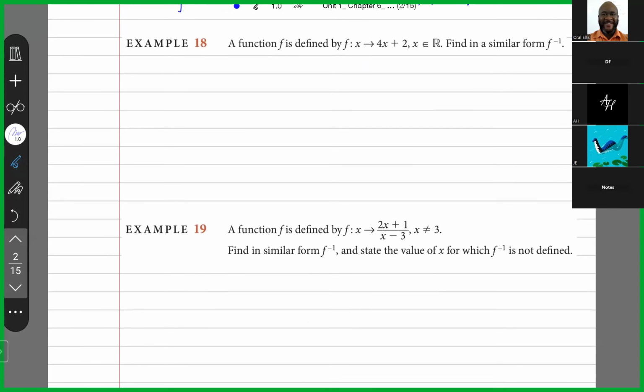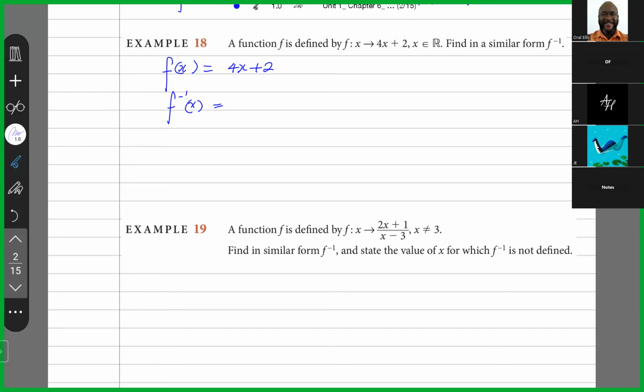In example 18, f of x is equal to 4x plus 2. And we're asked to find f inverse of x. Now, at this stage, you should be able to just look at a linear function and say what the inverse is.